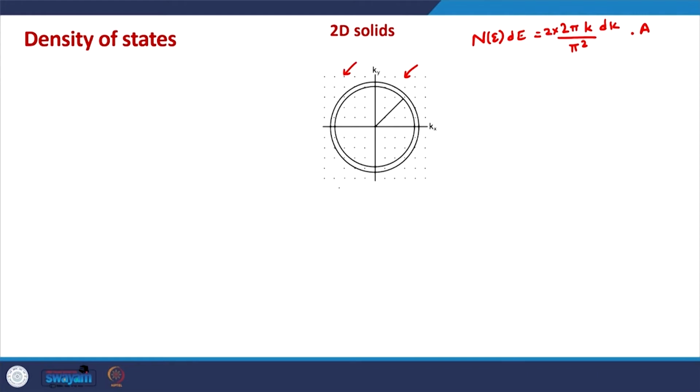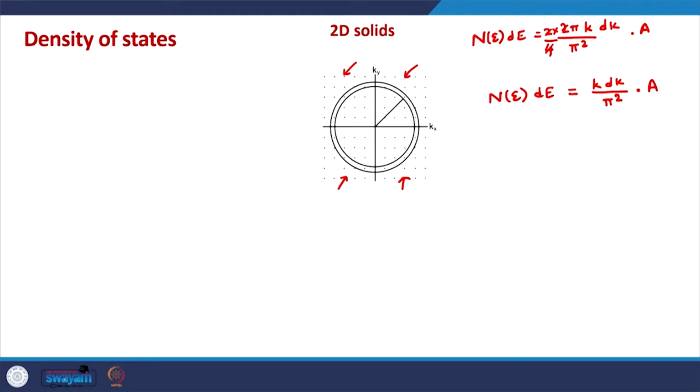So, we need to divide by 4, because these 4 sets of k points correspond to the same electron. So, this becomes the total number of electronic states in the range from E to E plus dE: k dk divided by pi square times area.